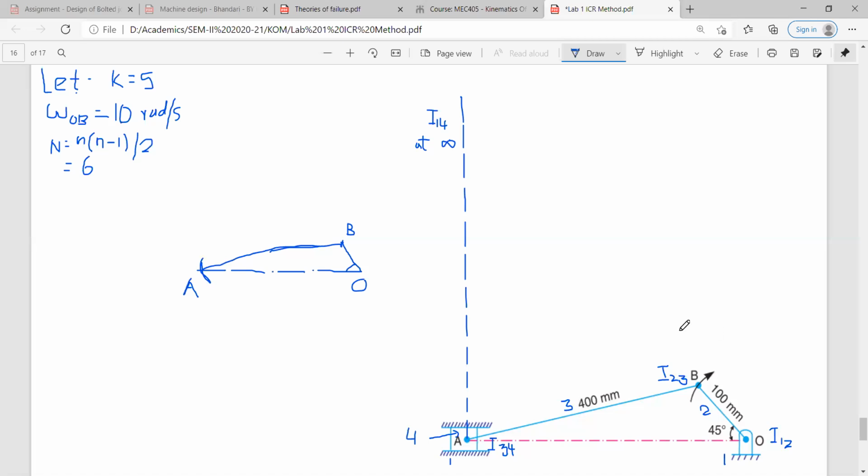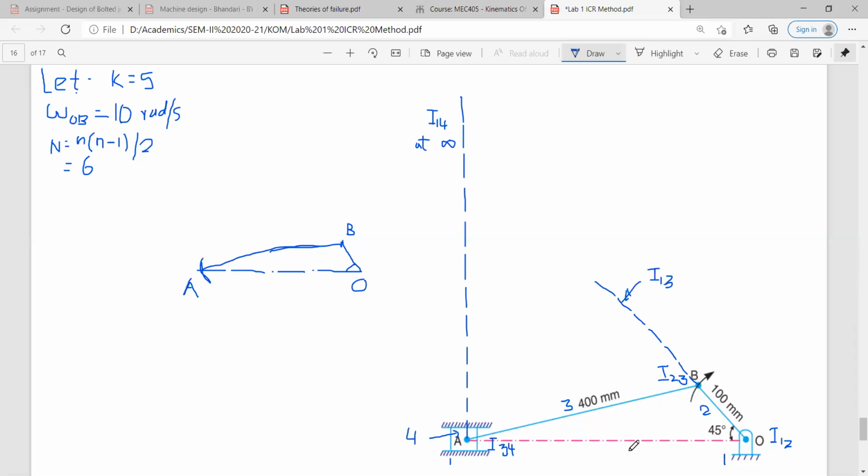So what we can do, we can extend this line. We know that I13 will be on the extension of this line or that line, no problem. So you can write here that we have drawn this line in order to find I13.